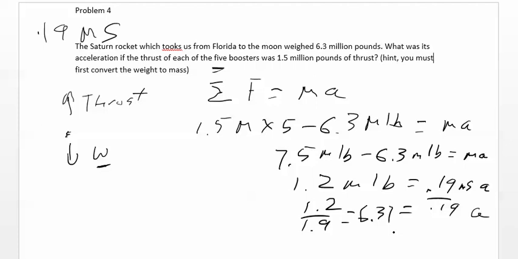So the initial acceleration of this rocket that actually took us to the moon wasn't that much. We'll talk more about what happens while a rocket is in flight.